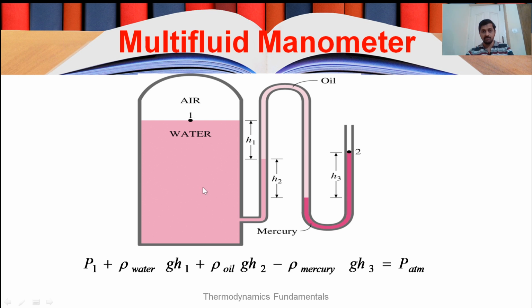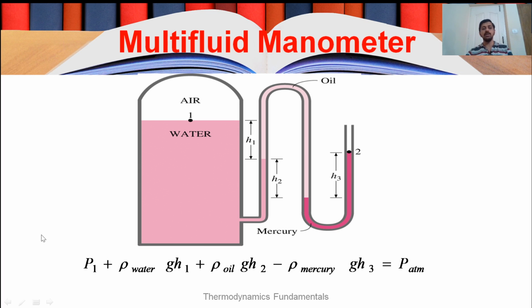We have started from 1, we are coming like this, and here we are moving upwards in the last column, which is filled with mercury. So minus rho of mercury into g into H3, equal to atmospheric pressure, that is acting downwards.